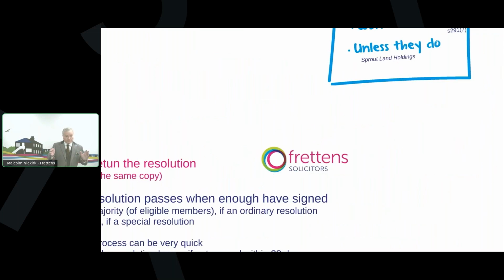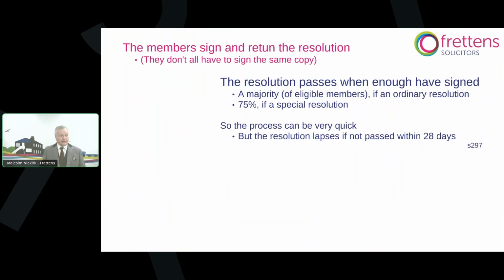To pass the resolution, the members simply have to sign it and return it. They don't all have to sign the same copy. The resolution passes as soon as enough members have signed and returned it. And if it's an ordinary resolution, that means a majority of the members eligible to vote at a general meeting, 75% if it's a special resolution.